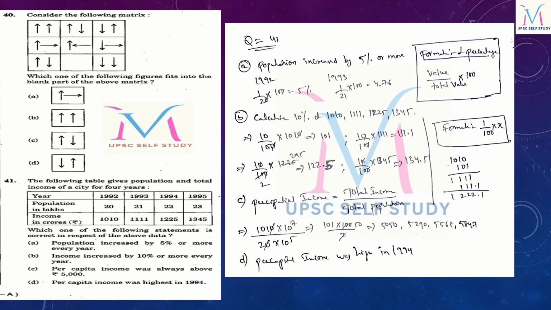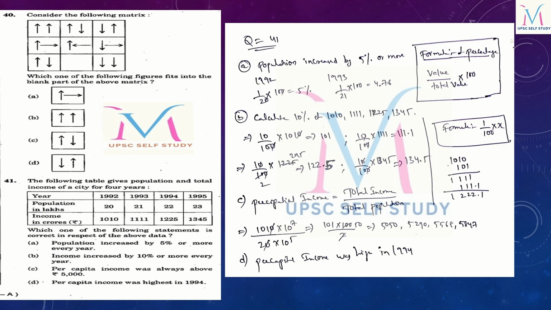So 1992 is increasing the population up to 5%, but 1993 has only 4.76 percent. The statement asks that the population should increase by 5%, and 1993 is not reaching the expectation of 5%. So this option is wrong.